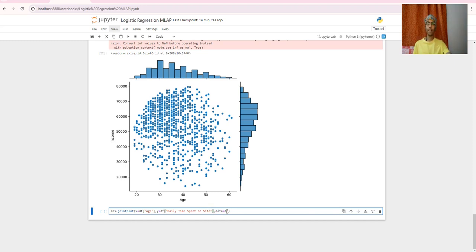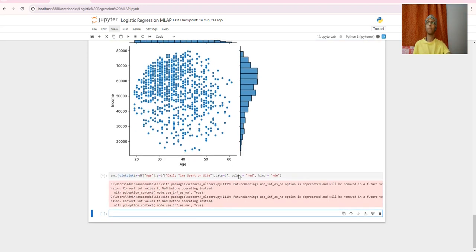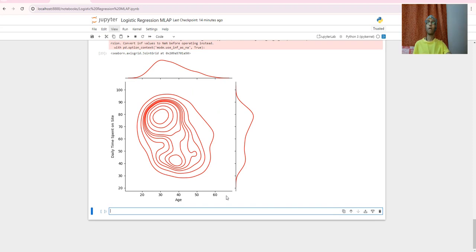Data is df. Let's change the color a little bit. It's becoming too blue. Color is equal to red. Let's change the kind also to KDE. Let's see. Yep, we have the chart. So again, time spent is pronounced somewhere around this spot, 30 age.